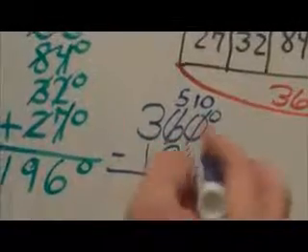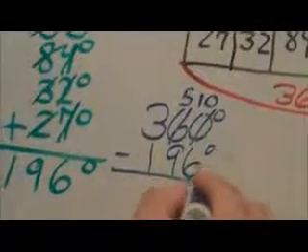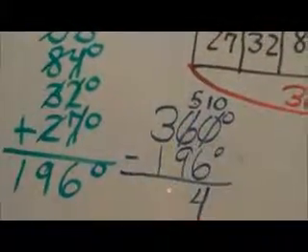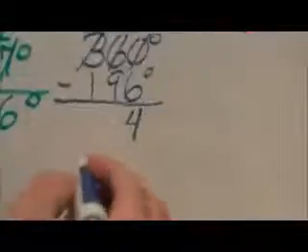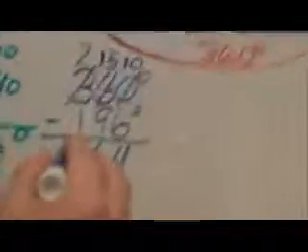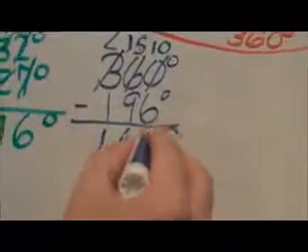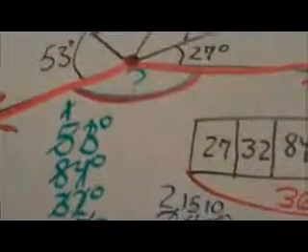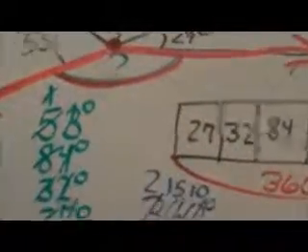Take over a 10. 6 from 10 is 4. 90 from 50, can't do it. So my 300 becomes 200. My 10 tens comes over. Now I have 150. 90 from 150 is 60. 100 from 200 is 100. And my missing angle should be 164 degrees.